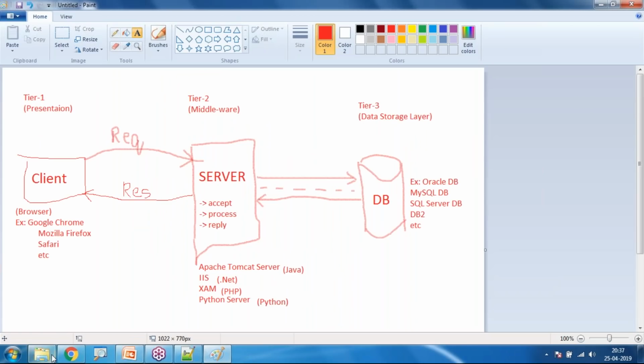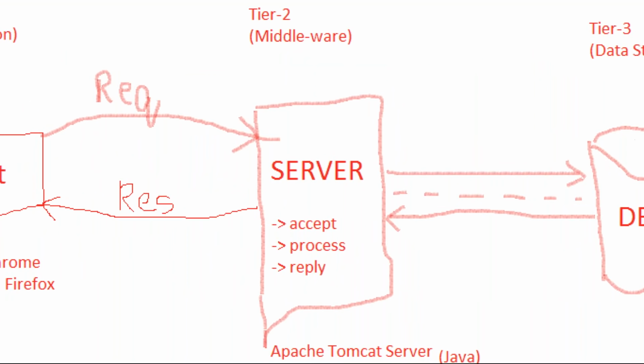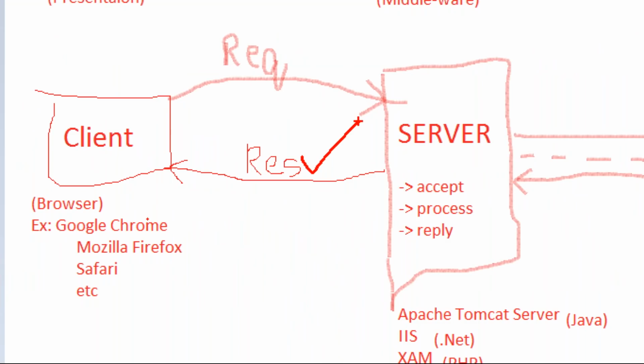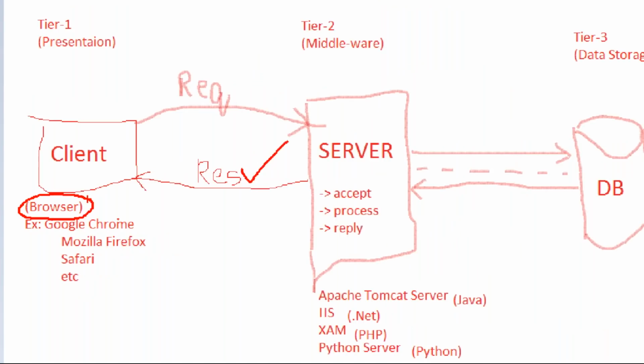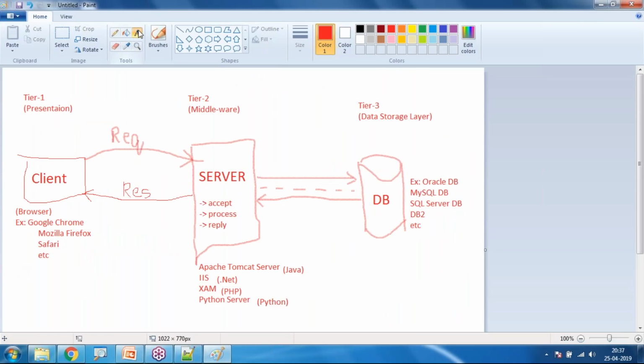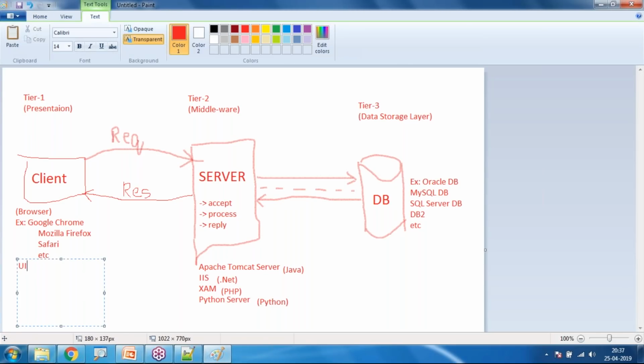Right. So the information which comes from the server to the client as the response should be displayed in the browser. For displaying information on the browser, we use UI technologies. These are the UI technologies which are used on the client: One, HTML.